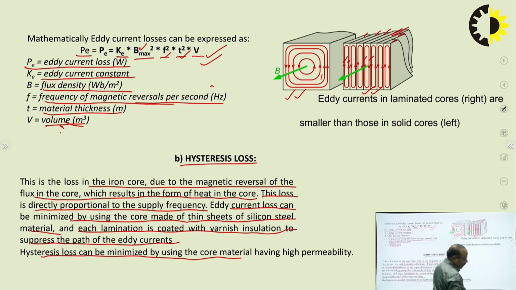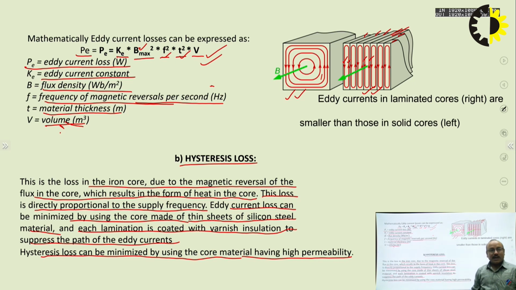By using core material of high permeability, the area of the BH loop becomes minimum, and with minimum area, hysteresis losses are also minimized, since hysteresis losses in the core are directly proportional to the area of the BH loop. So by using high permeability core material, hysteresis losses are minimized.